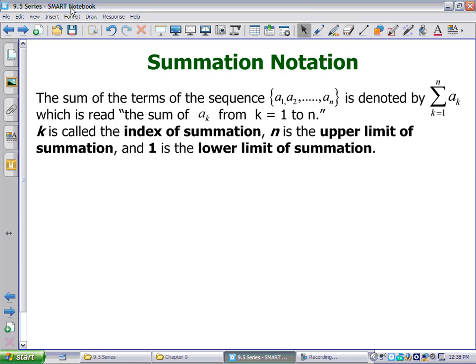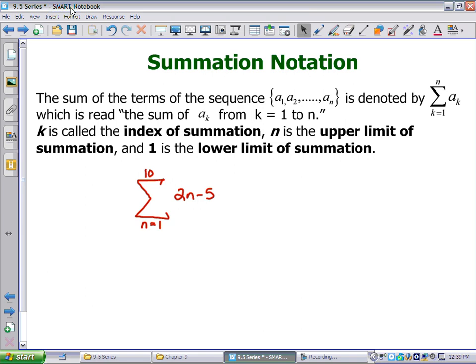So for example, if I had the summation symbol, and I said the sum of 2n minus 5 from n equals 1 to 10, that would mean that I would plug in 1 for the number n, I'd plug in 2 for the number n, I'd plug in 3 for the number n, and so on and so forth.